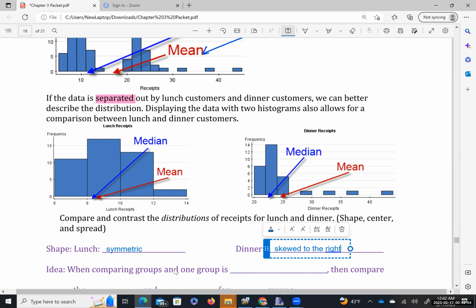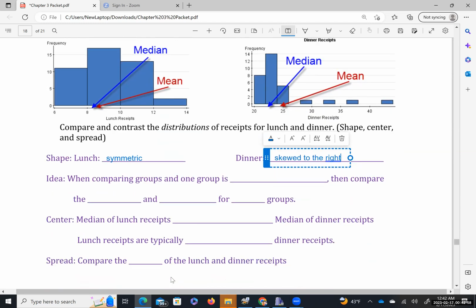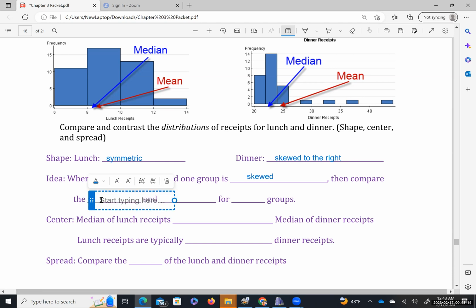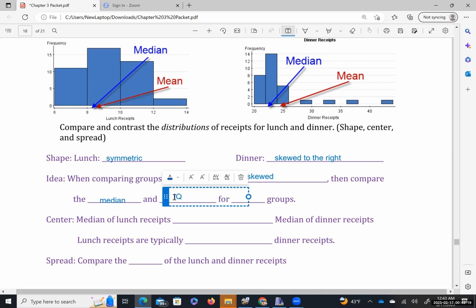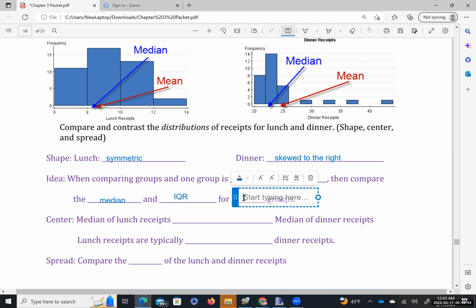So the idea is, when we're comparing groups and one group is skewed, then compare the medians and IQR for each group.